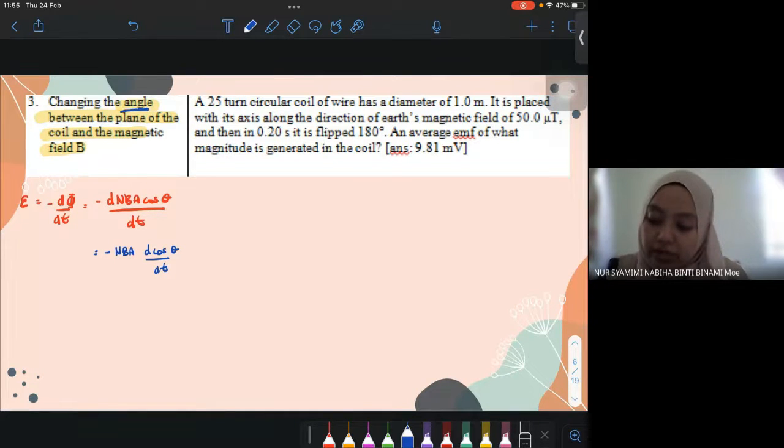So equation kita akan dapat differentiate cos in term of theta. Nanti kita perlu differentiate kemudian. So kita akan dapat negatif NBA cos theta final minus cos theta initial over.